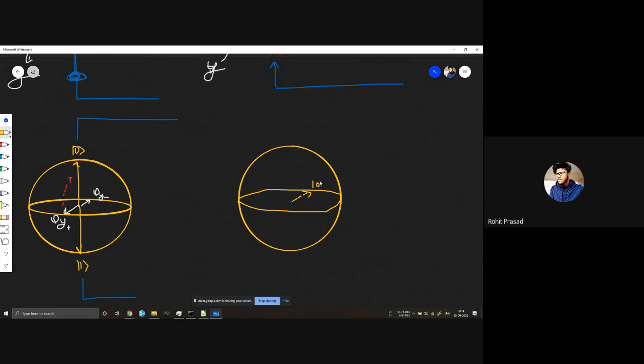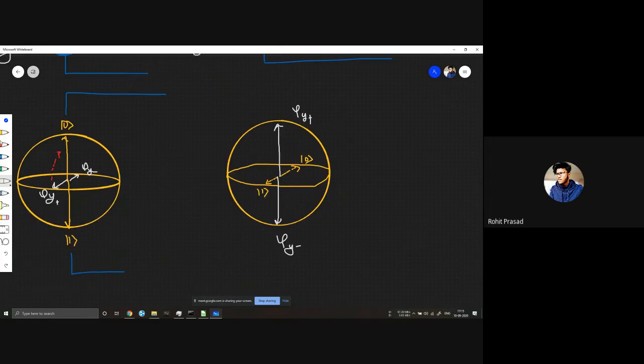It's 0, 1. You will have your psi y plus here and your psi y minus here, right? And now when you measure, you will measure in that y basis.